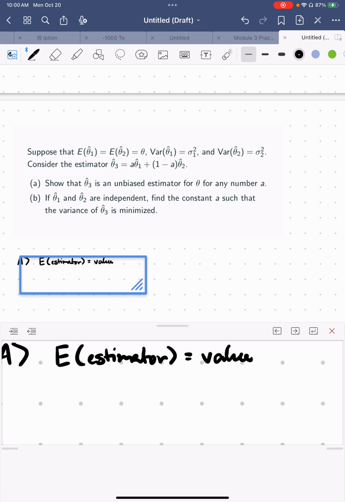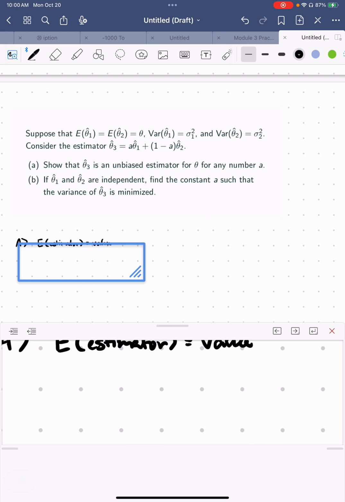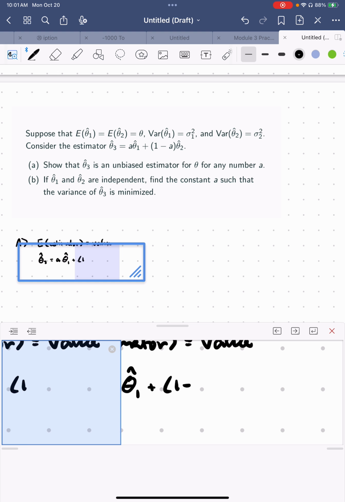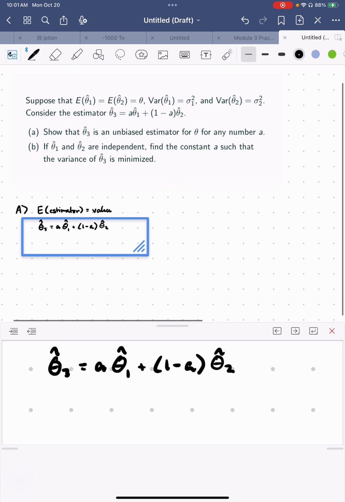So we can take our equation here. So we have theta hat 3 equals A theta hat 1 plus 1 minus A theta hat 2. And we can take the expected value of all of these.